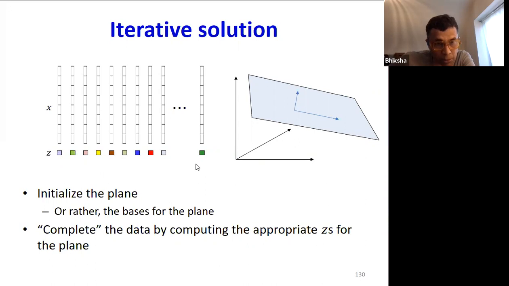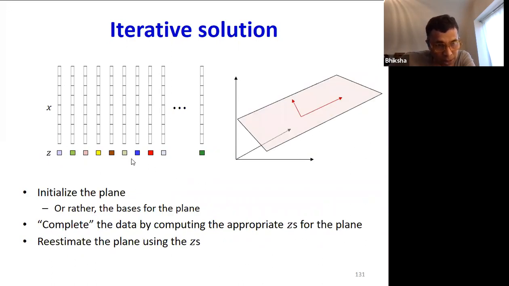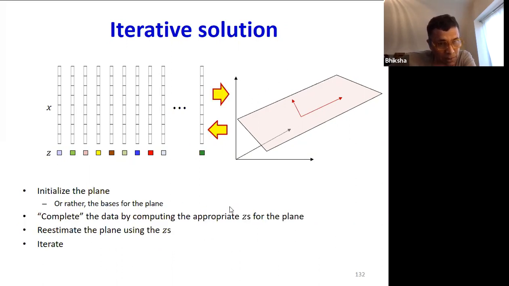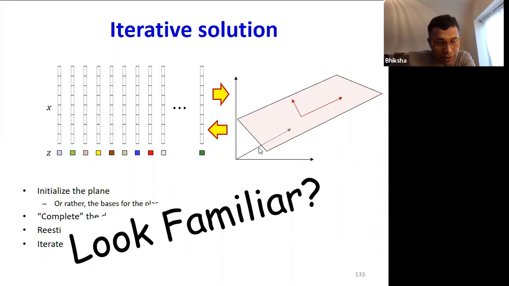Then once we found the position on the plane for each of those vectors, we use this completed data to find a new plane, and then kept re-estimating, repeating this process, where in each step we had a plane, we found a position on the plane, which is the Z, then used this completed data to find a new plane. So what does this look like?